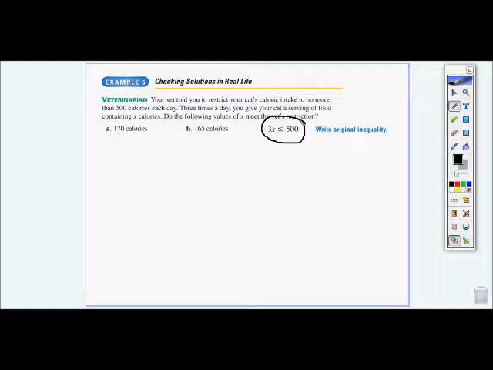So let's see if we give the cat 170 calories at each one of its feedings. So we'll do 3 times a day, 170. And we want to know, is that going to be less than or equal to 500 calories? And we can also do 3 feedings a day of 165 calories and see if that's going to be less than or equal to the 500 our vet told us to stick to.